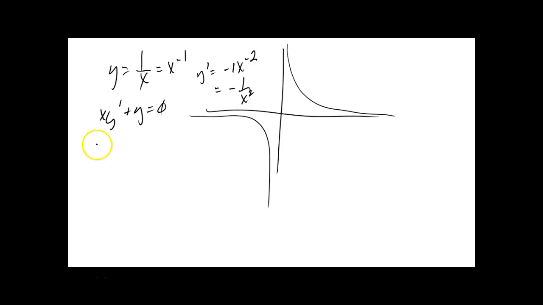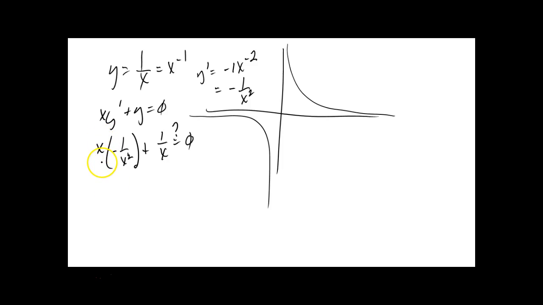Now let's plug that in. x times a negative 1 over x squared plus 1 over x, is that equal to 0? What's the first term give you?